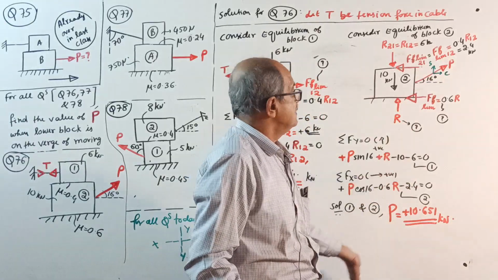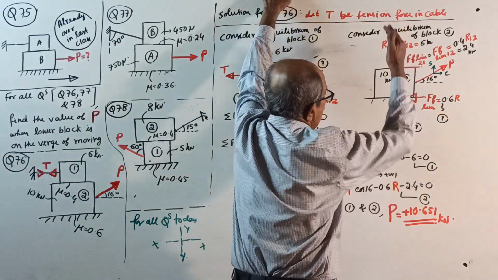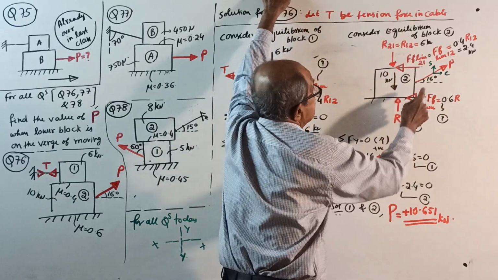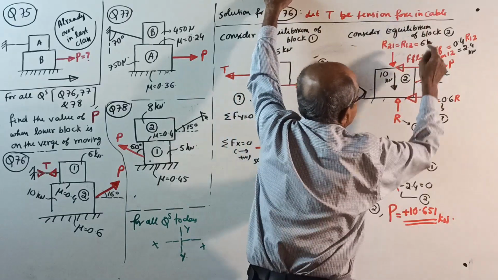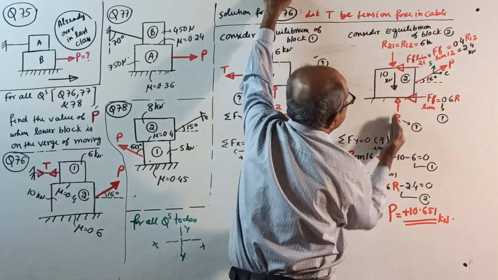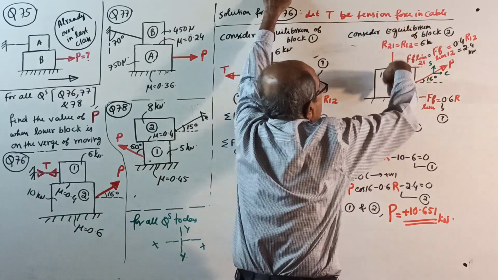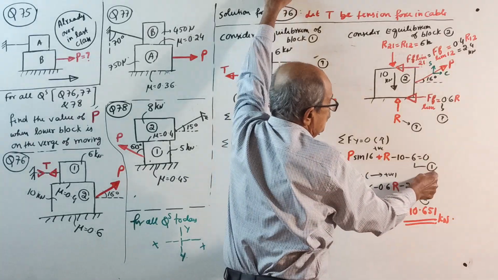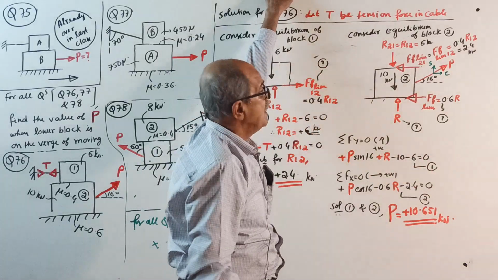Sigma Fy = 0, first starting from P: plus P sin 16 plus R minus 6 minus 10 equals 0, equation number 1.